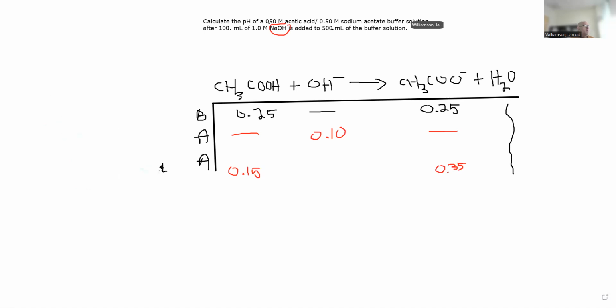Now to calculate the pH, I need the Henderson-Hasselbalch equation, which is going to be pH equals pKa plus the log of A minus over HA.